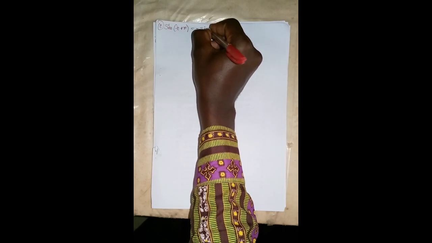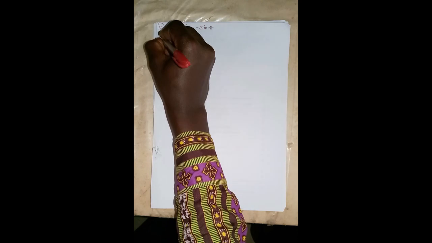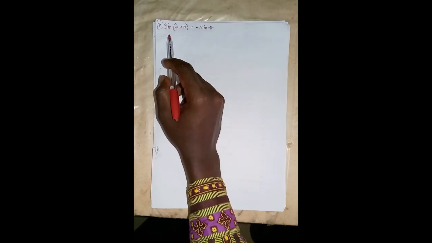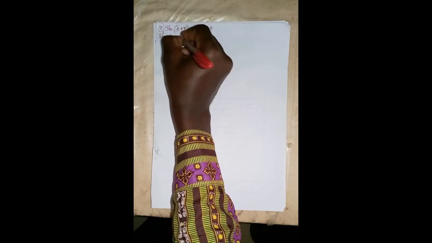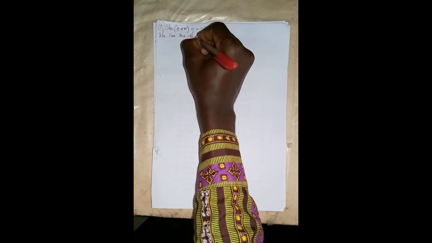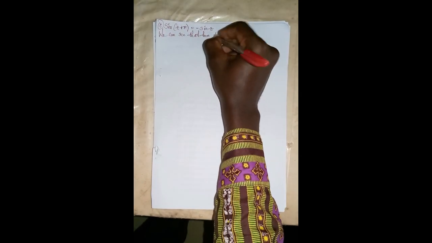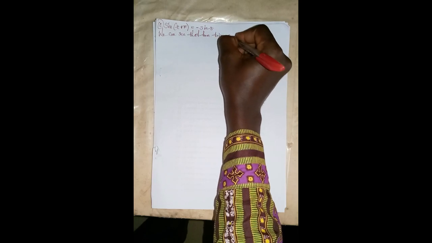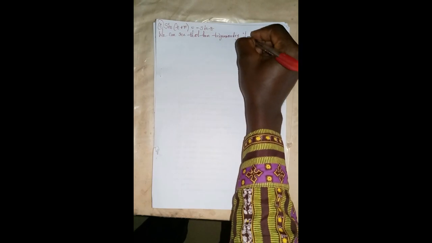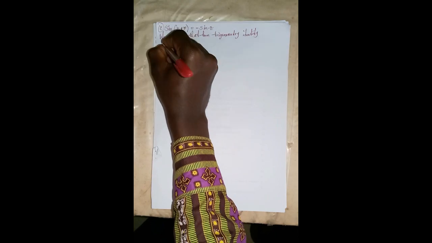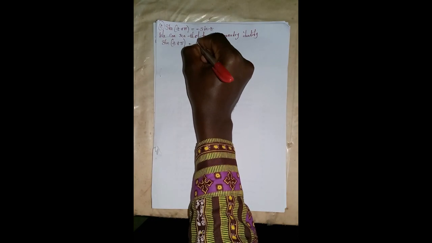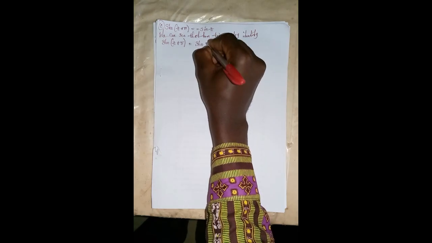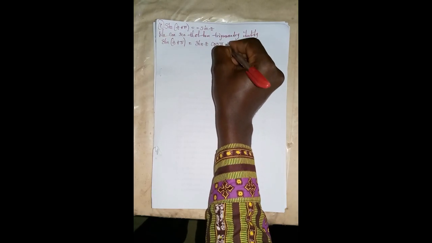to negative sine z. Now, in this particular question, we'll be taking a brief recap on trigonometric identities. So we can see that from trigonometry identity, we know that the sine of z plus pi is equal to sine z cos pi.